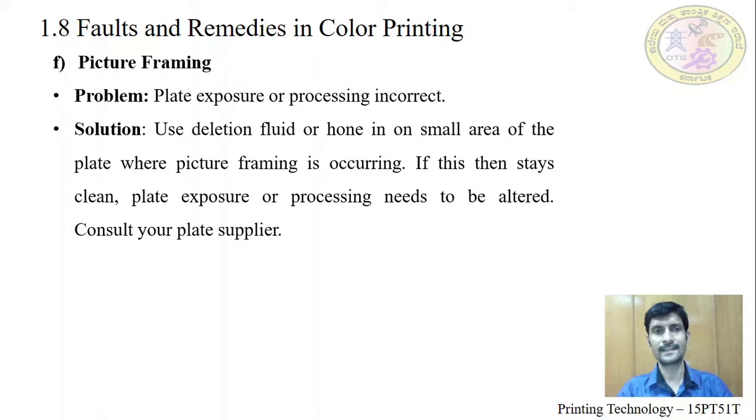If this area then stays clean, the plate exposure or processing needs to be altered. We can also consult the plate supplier. Before exposing, clean the entire plate, and even the exposure time and the processing, meaning developing, time should be altered.